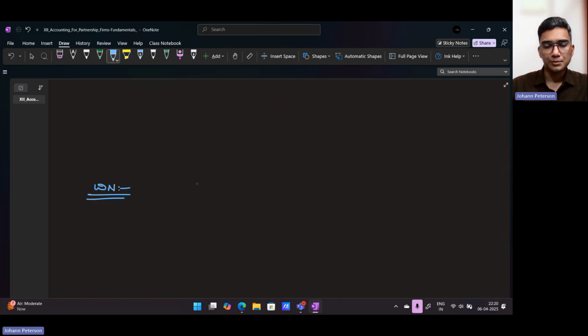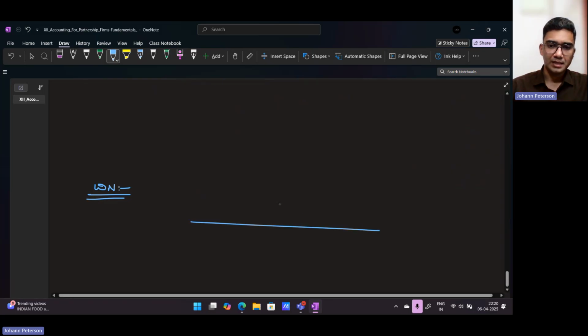Now in my working, I want you to understand that when we solve such questions, we are always going to talk in terms of the partners' capital accounts. We're always going to think we are making a partner's capital account. So let's keep that in mind when we are doing such things. We form something which is called an adjustment table.